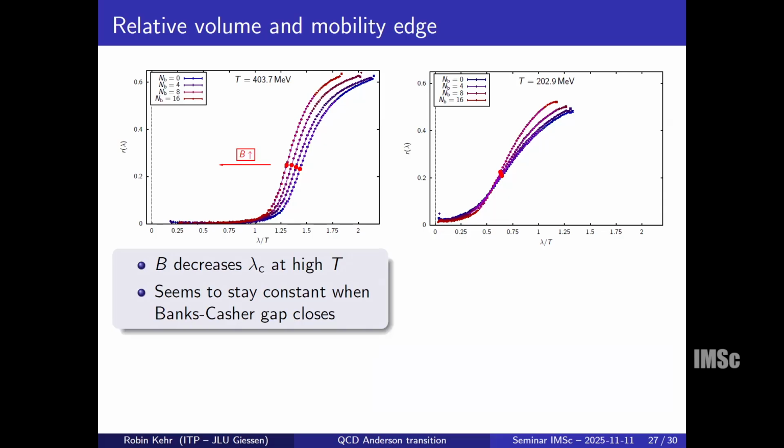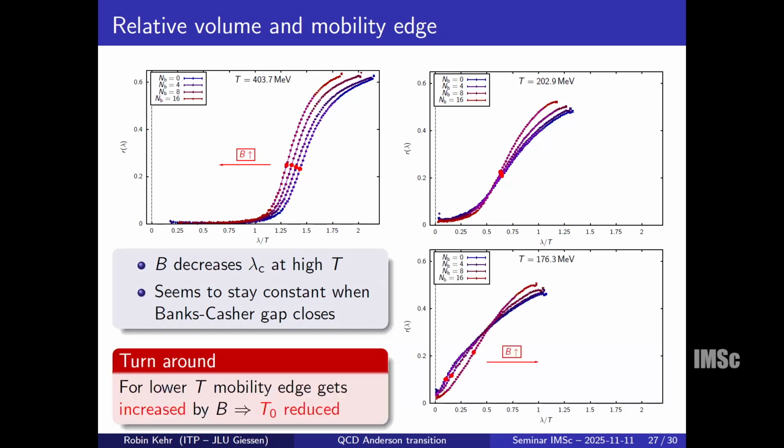But if we go to lower temperatures at 200 MeV, then the mobility edge seems to coincide for all magnetic field strengths. This happens roughly when the Banks-Casher gap closes. And if we go to even lower temperatures, then we have this turnaround behavior. So now the magnetic field increases the mobility edge.